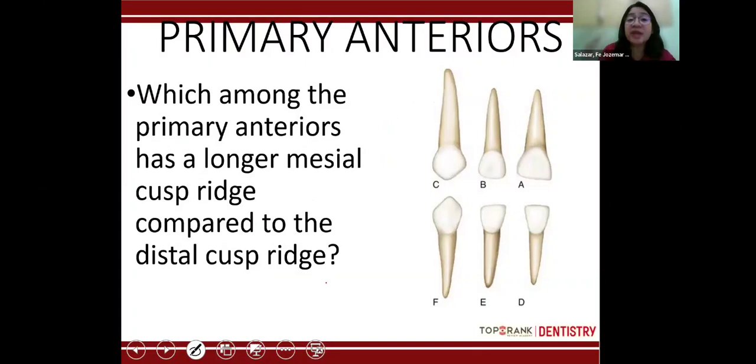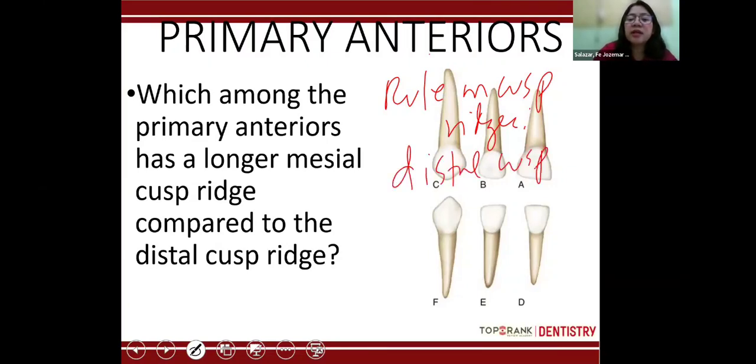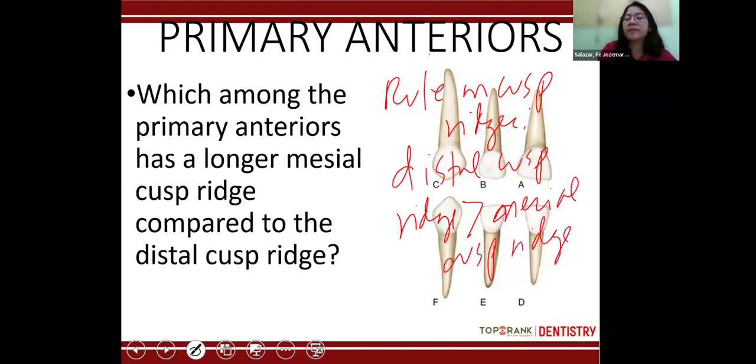This is about cusp bridges, so it is seen on canines. Usually, our rule on cusp bridges, for canines and premolars, primary and permanent, is that the distal cusp bridge is always longer than the mesial cusp bridge.